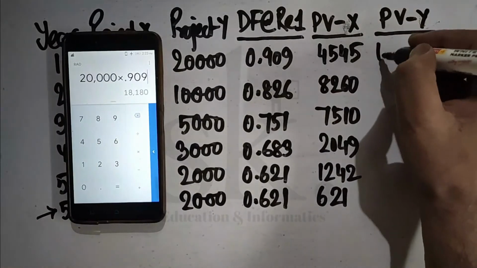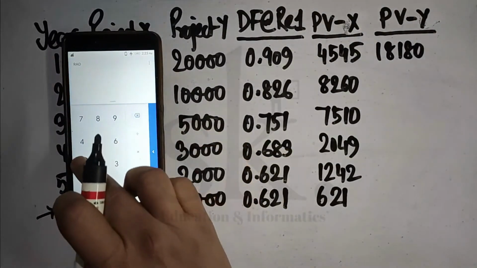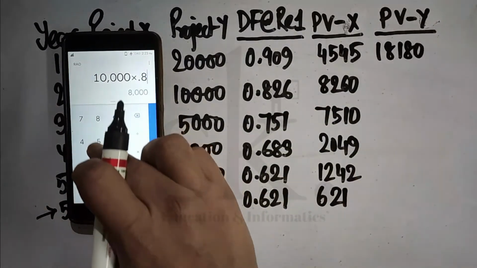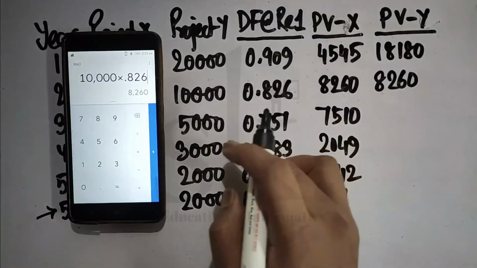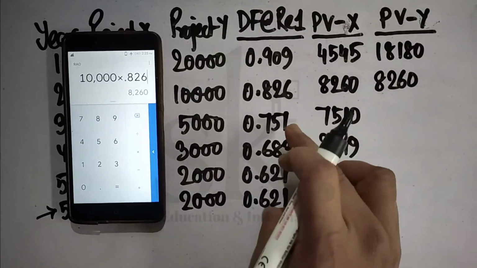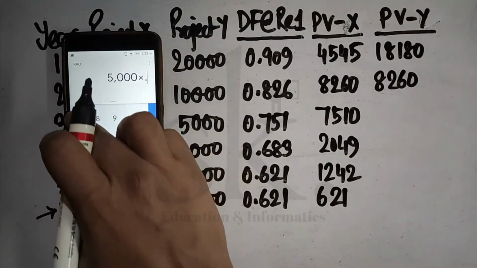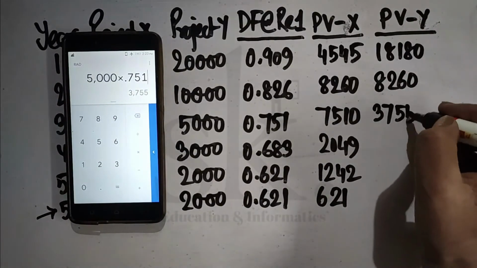0.909, which is 18,180. For the next one it is 10,000 into 0.826, so it's coming 8260. For the next one it is 5,000 into 0.751, so it's coming 3755.